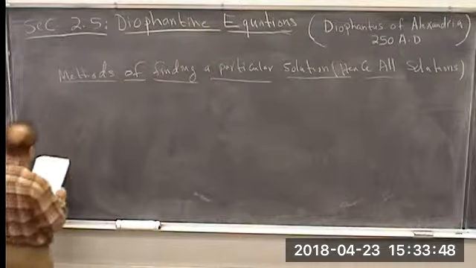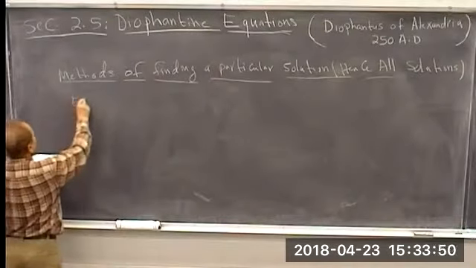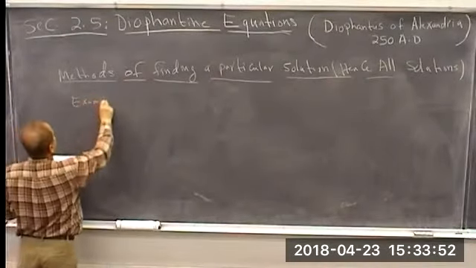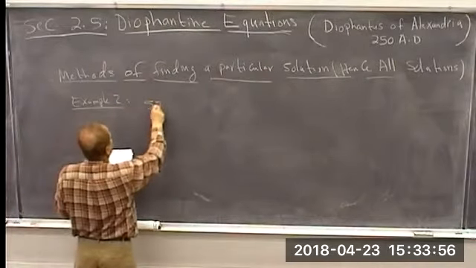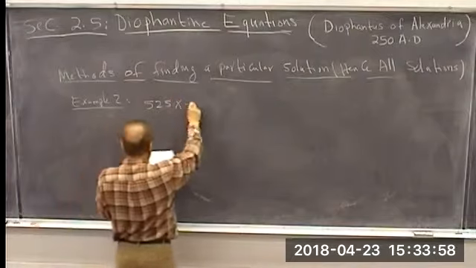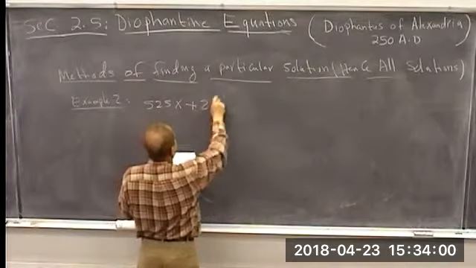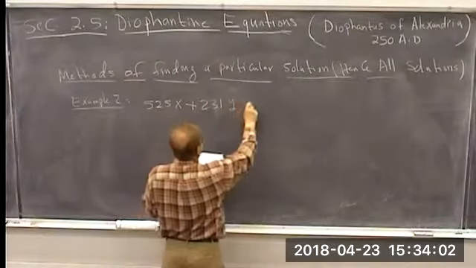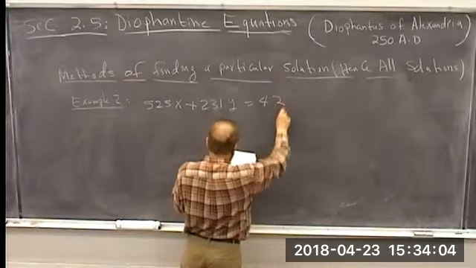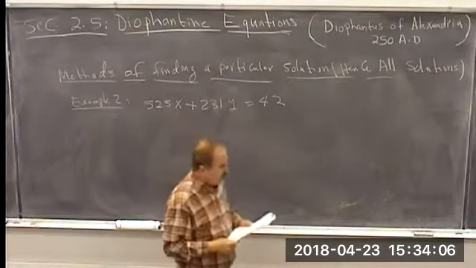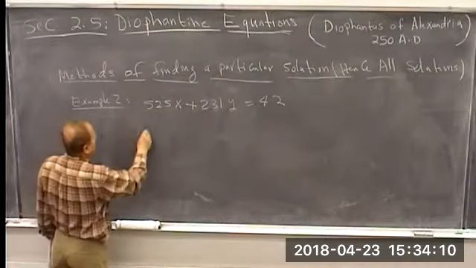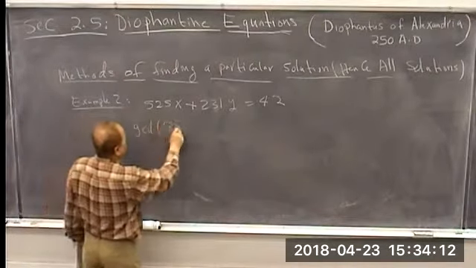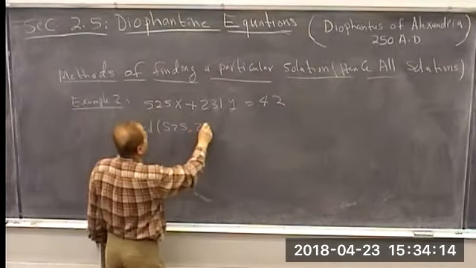And here it is. We have 525x plus 231y is equal to 42. All right. Again, let's look at the greatest common divisor of 525 and 231.